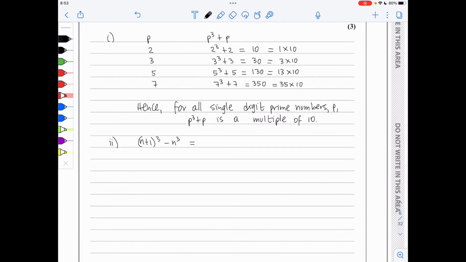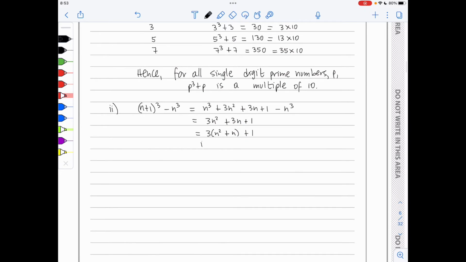I could expand this to give me n cubed plus 3n squared plus 3n plus 1 minus n cubed, which is 3n squared plus 3n plus 1, which may be written as 3 times n squared plus n plus 1, which simply means that this is a multiple of 3 plus 1.